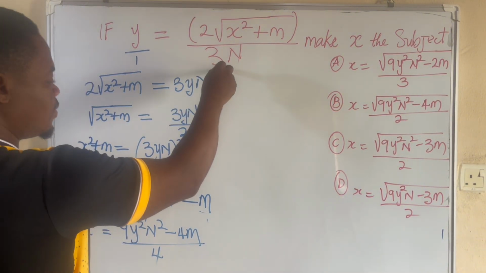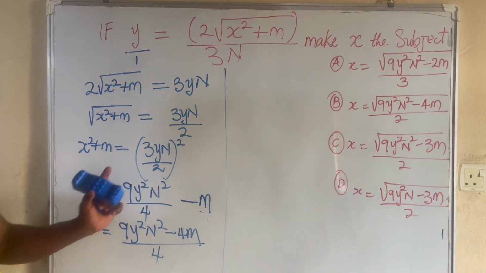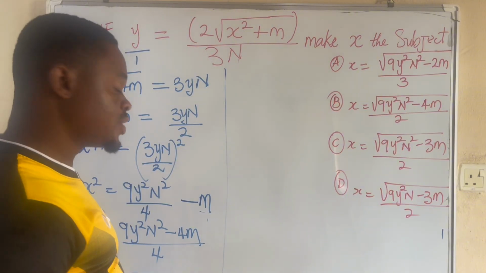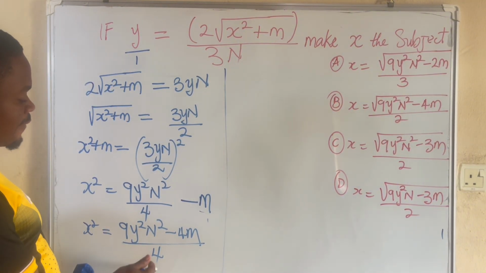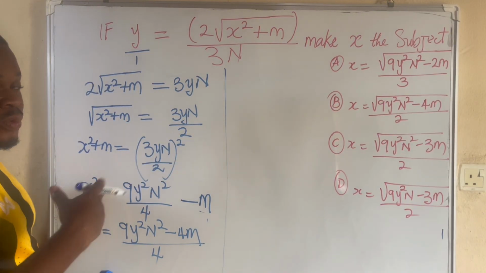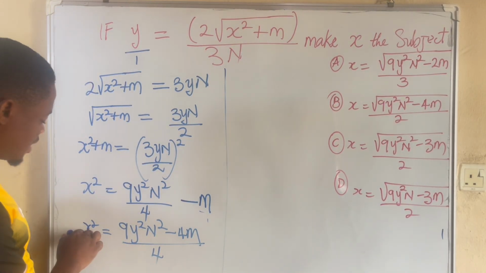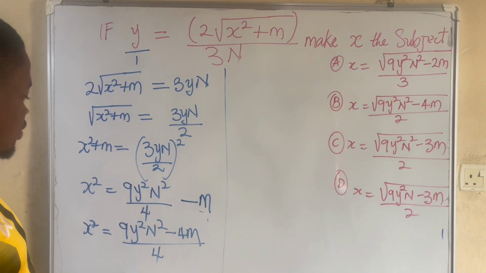For square to cross the equality sign, when square crosses the equality sign, we are going to have square roots, just like when square roots cross the equality sign, we will have square. In this case, this is raised to the power 2, and when it crosses the equality sign, we are going to have square root.